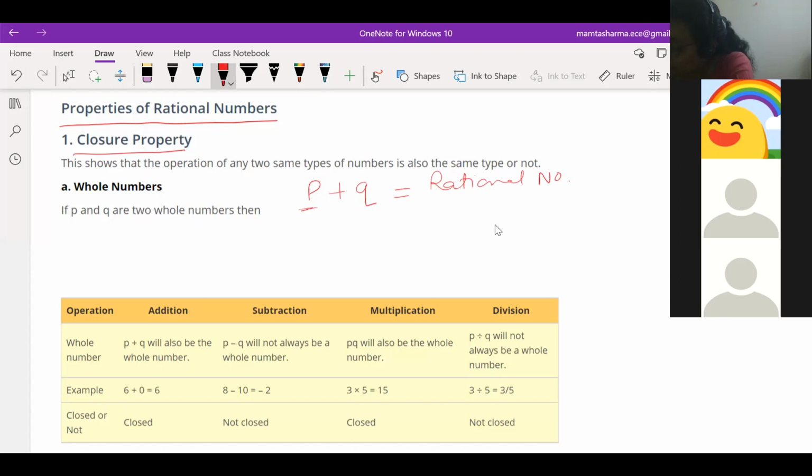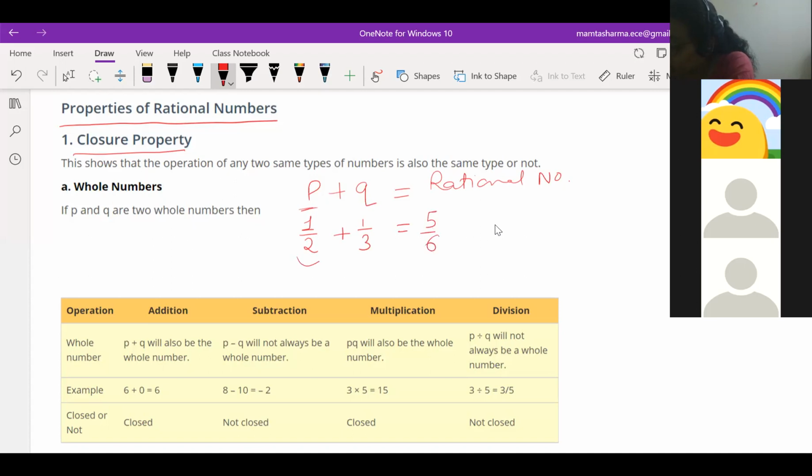Suppose I am taking p as 1 by 2 and q as 1 by 3. What will be the result after addition? The result would be 5 by 6.